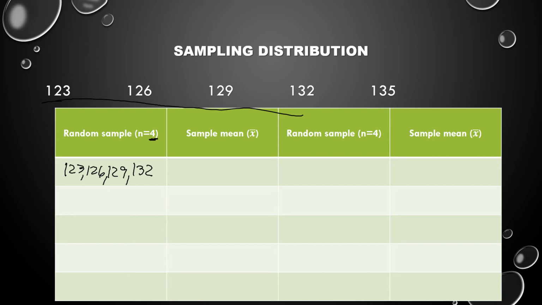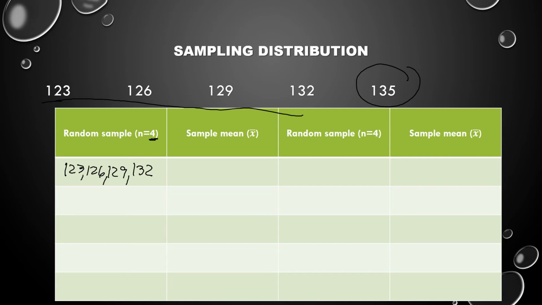Now, in writing the combinations, all you have to do is change the last number until you reach the last number in the given data, which is 135. Once you reach that, it is automatically telling you that you will be changing the number before the last number.